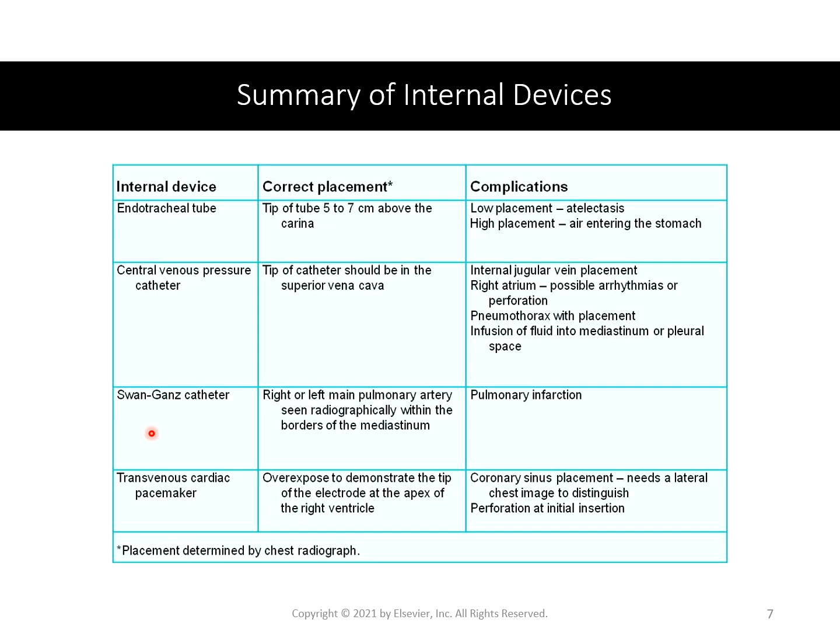Swan-Ganz catheters are entered into the right or left main stem pulmonary artery, and they're seen radiographically within the borders of the mediastinum. So remember, our pulmonary artery is the artery that is exiting the heart.